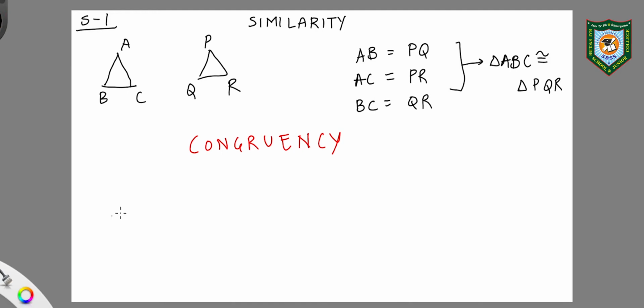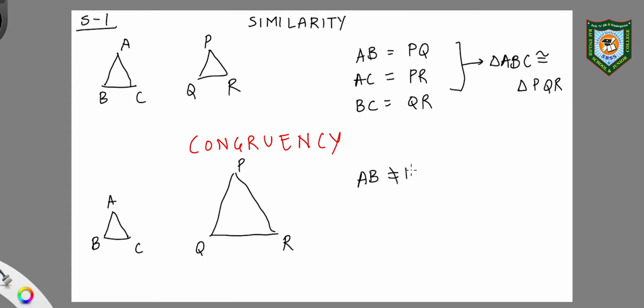Now what are similar triangles? So let's say I have triangle ABC here, and now I have a triangle PQR which is much larger in size. Now clearly, let's assume AB is not equal to PQ, because in this particular diagram I'm defining that PQ is much larger than AB.